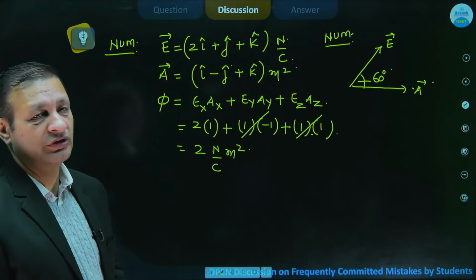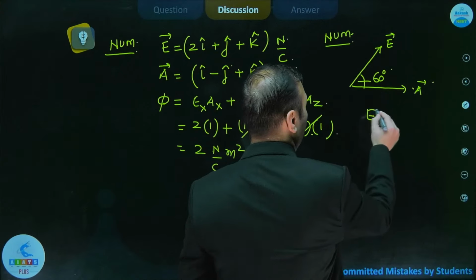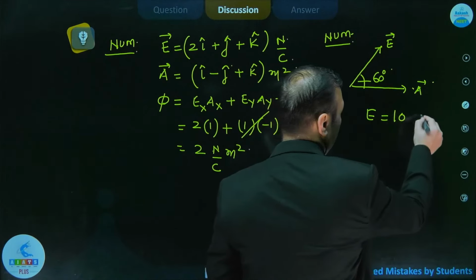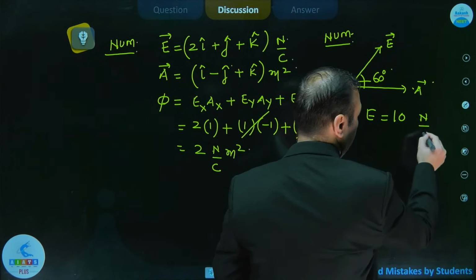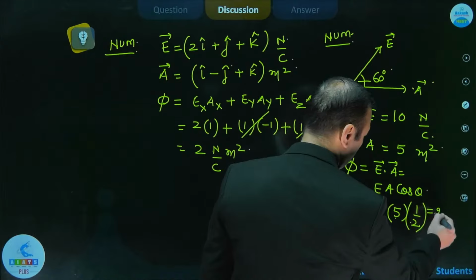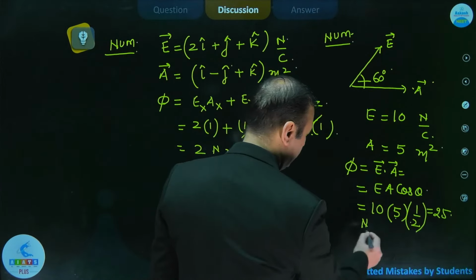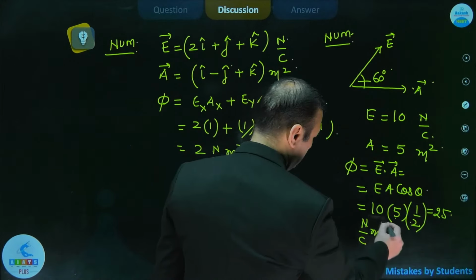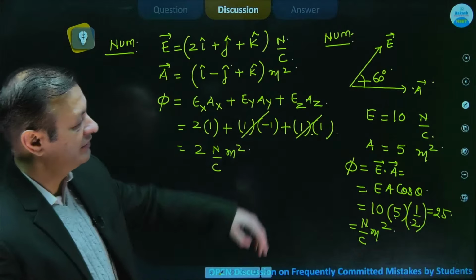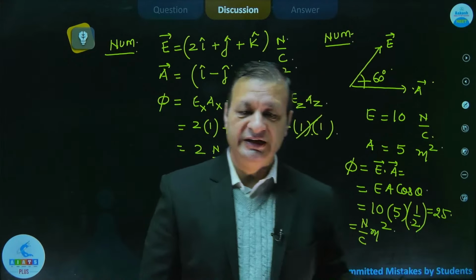Now we have to find out the flux for this, and the numerical value, the magnitude of electric field is, let's suppose 10 Newton per coulomb and area 2, so it gives you 25, and unit wise the SI unit again is Newton per coulomb into meter square. So we have another variety for the same numerical flux. Any doubt from this part?